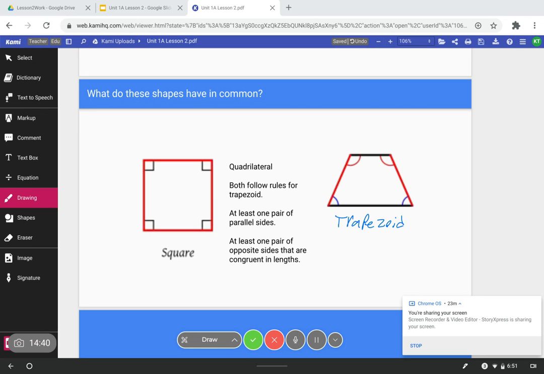It can come in many different forms. The only rule it needs to follow is that it has four sides and at least one pair of parallel lines. We can see the parallel lines here are the black lines. And as you can see, the black lines are not congruent in length.